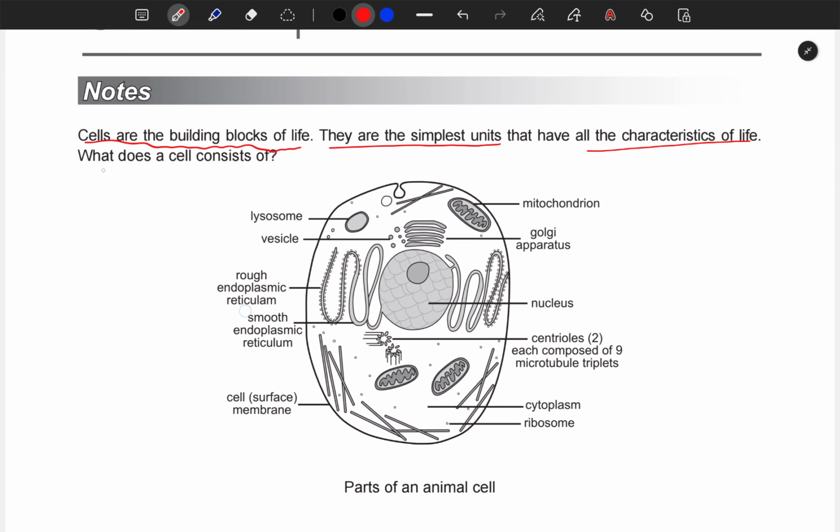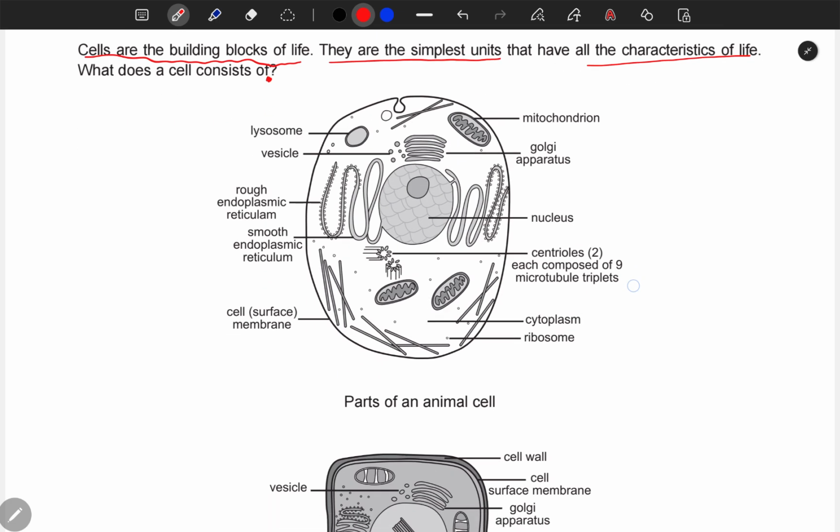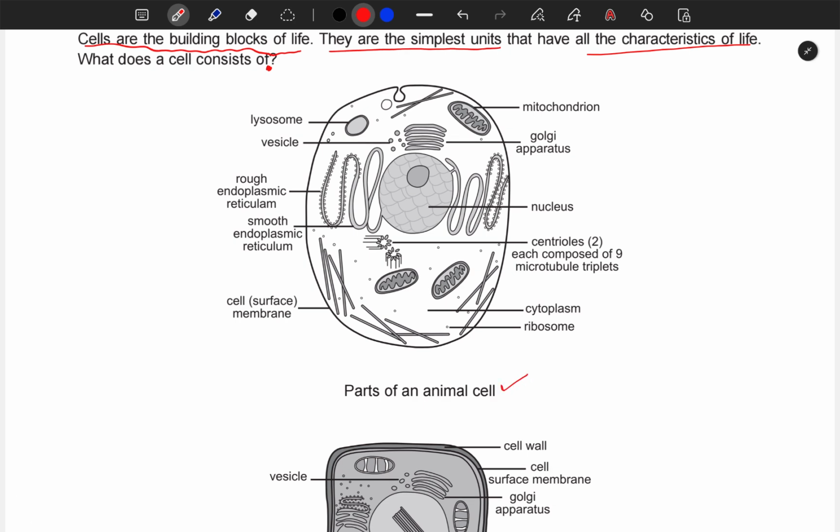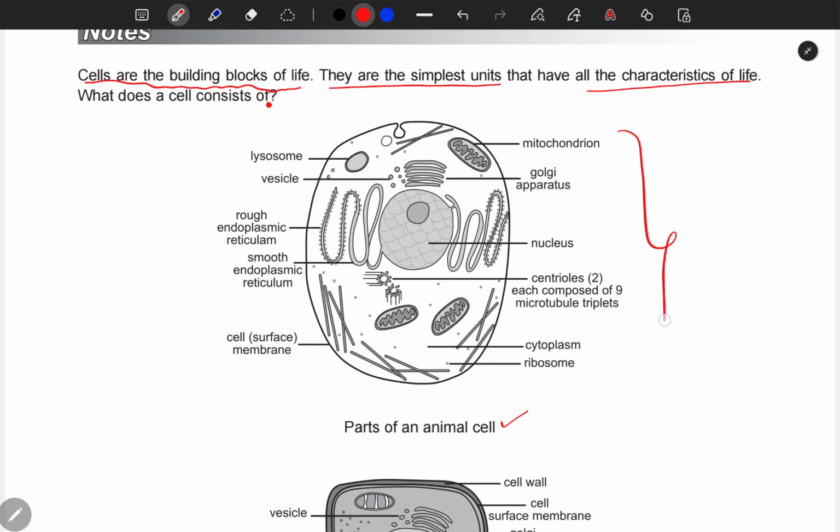Now, what does a cell consist of? Well, let's look at an animal cell. You can see that there's a mitochondria, the one which looks like a sausage. You can see the lysosomes. You can see the nucleus there in the center. You can see the centrioles.